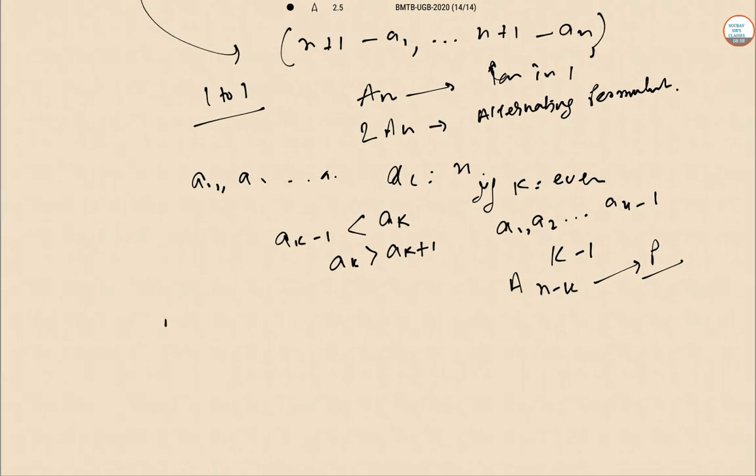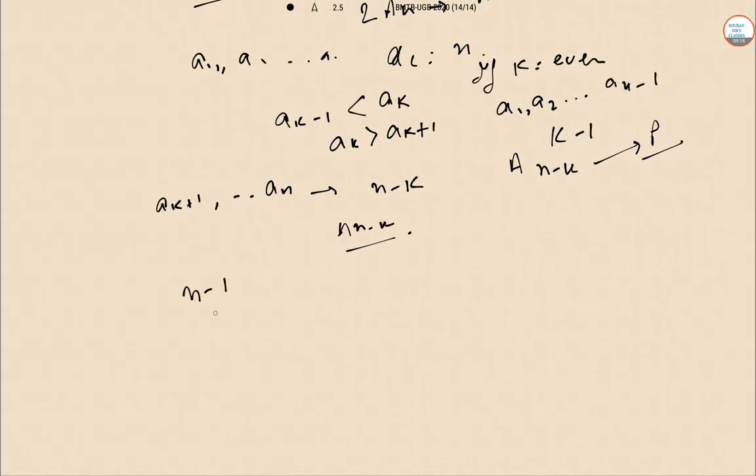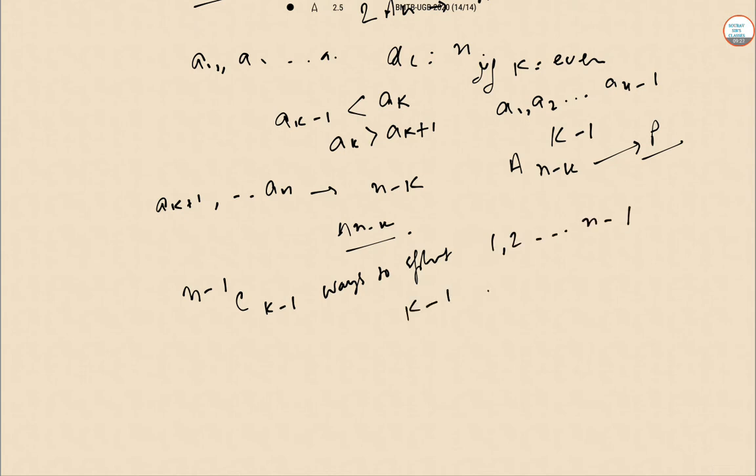And on the other side, ak plus 1 dot dot dot an will have n minus k numbers. So a of n minus k in this case is the second set of permutations. Okay, so first set, second set clear. So now there are n minus 1 c k minus 1 ways to split 1, 2 dot dot dot n minus 1 into groups of k minus 1 and n minus k elements.